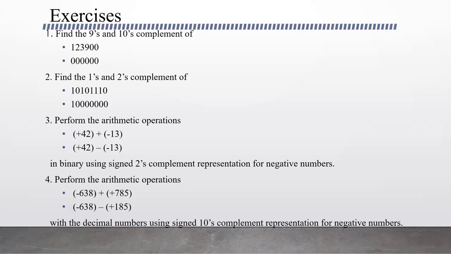And the third question is: perform the arithmetic operations in binary using signed 2's complement representation for negative numbers, the same way how we did for 6 and 13. Okay, you do the same, finding the 2's complement for the negative numbers and adding it to the other number. And the fourth question is: perform arithmetic operations on the given numbers using signed 10's complement representation for negative numbers.